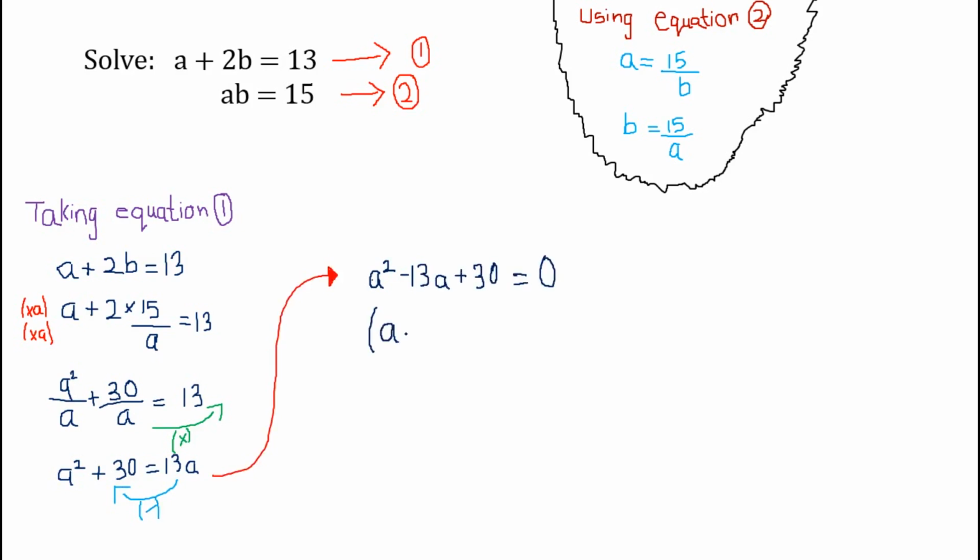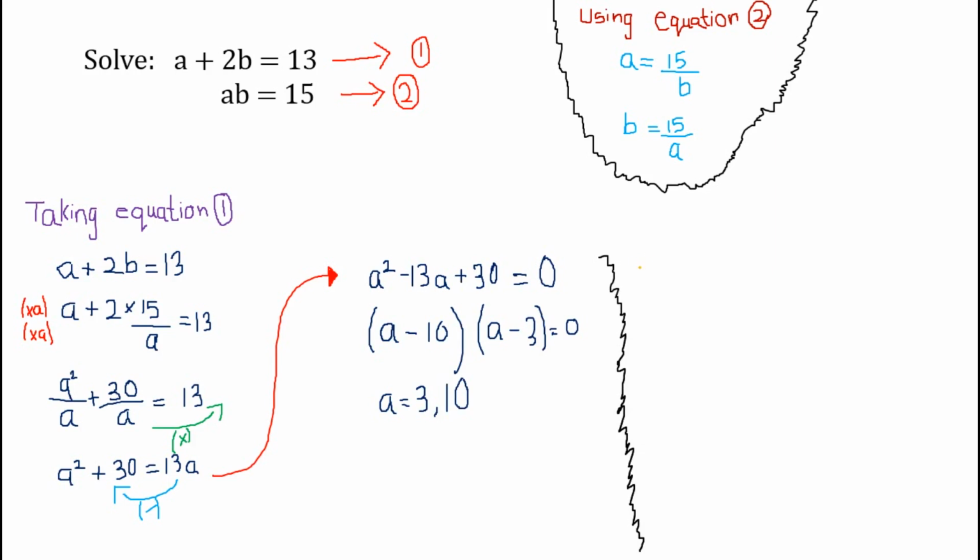So we can arrange them as factors of two binomial expressions, that is a minus 10 and a minus 3 equals 0. So we can get two solutions for a as plus 3 and plus 10. Now that we have found a, it's time to find b. Since there are two solutions for a, there should be two solutions for b as well.